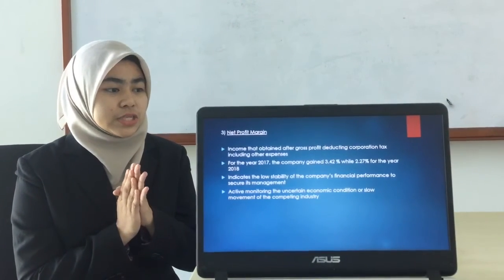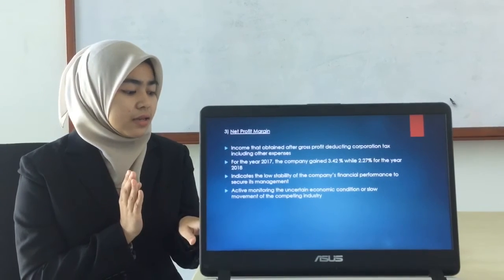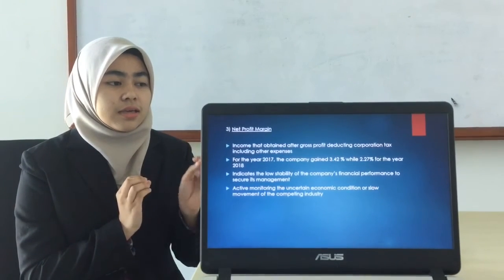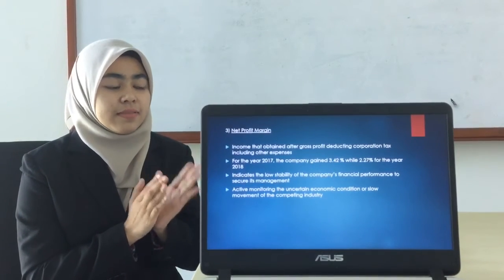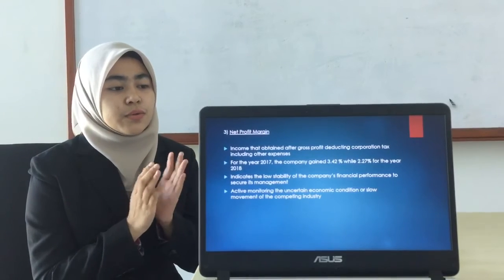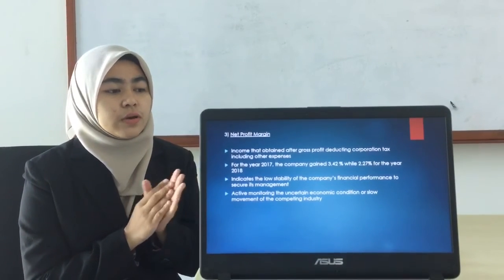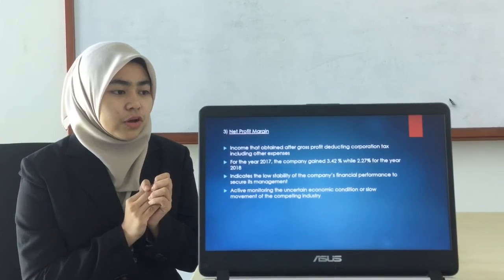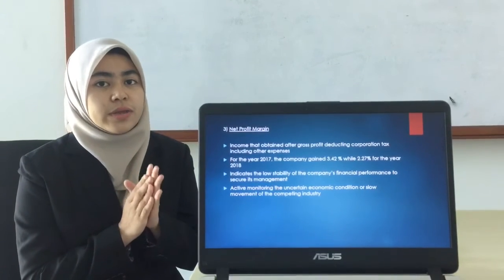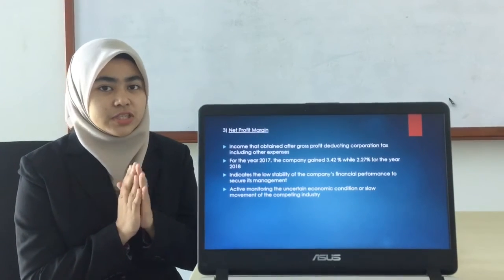For the recommendations, the company can actively monitor the uncertain economic conditions or the slow movement of the computing industry, as if not, it will lead to the ongoing negative net profit margin.